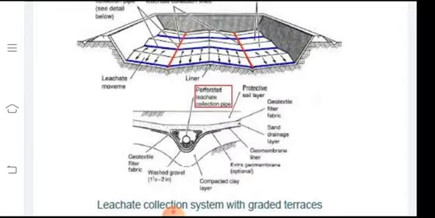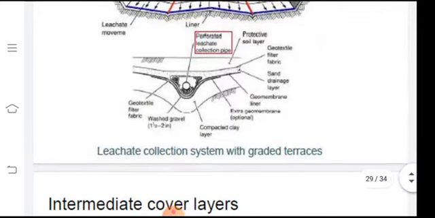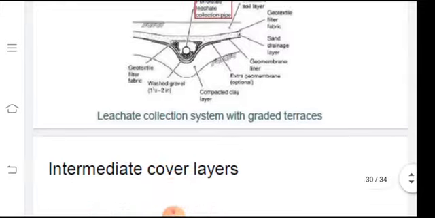It enters the perforated pipe and is carried to the outer end, where there will be a tank, and from that tank it will be taken to the surface for its final treatment, and then it will be disposed.